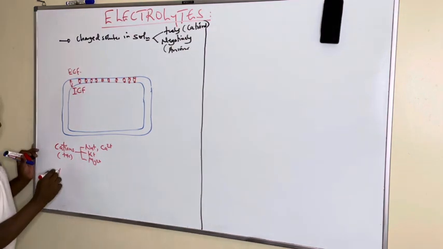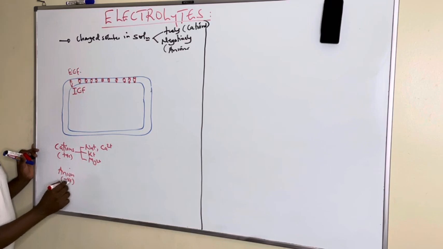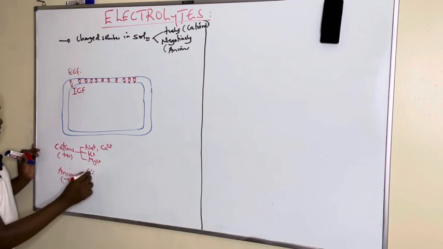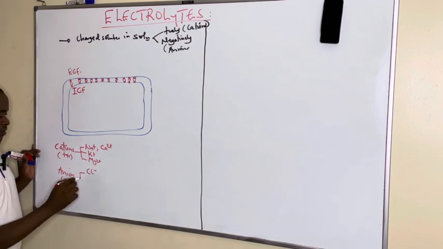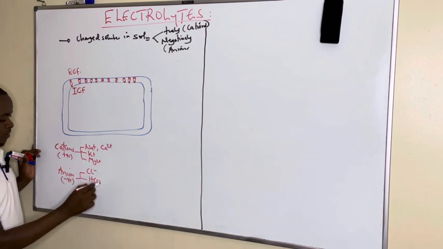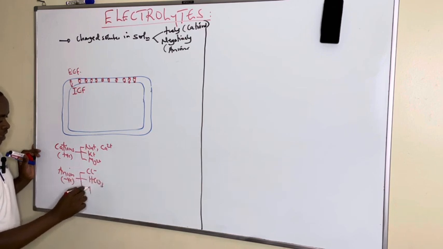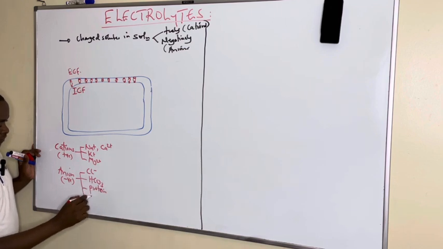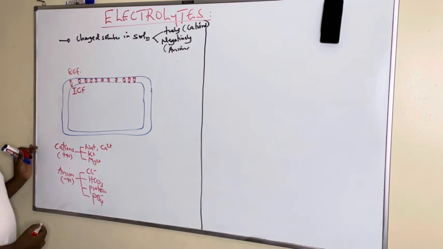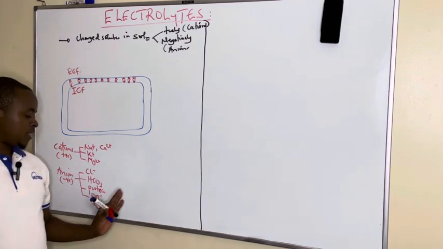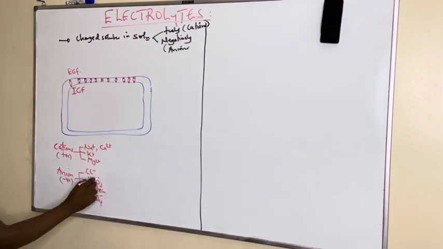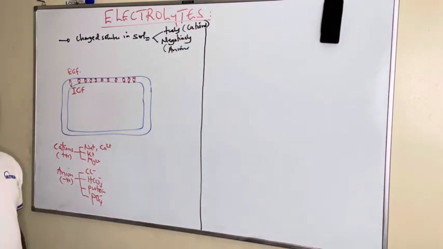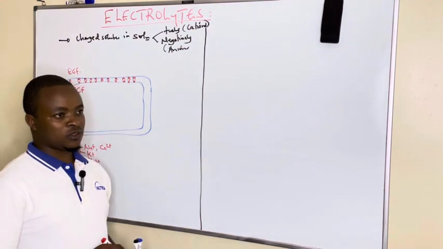Then the anions, these are negatively charged. The most abundant one is chloride, followed by bicarbonate. We also have the proteins and phosphates. So the phosphates, the proteins, the bicarbonate, and the chloride are anions, or negatively charged.